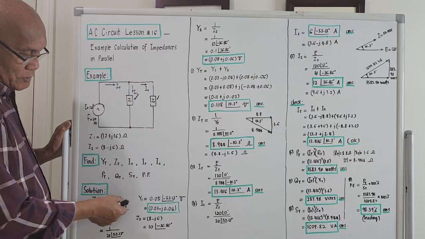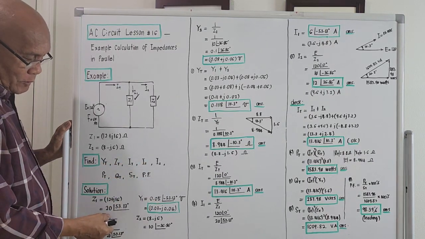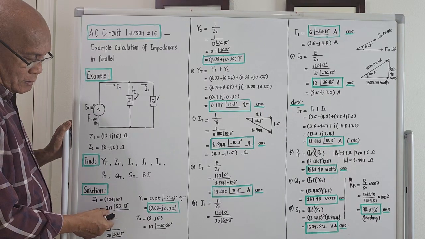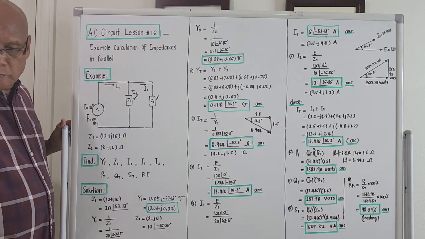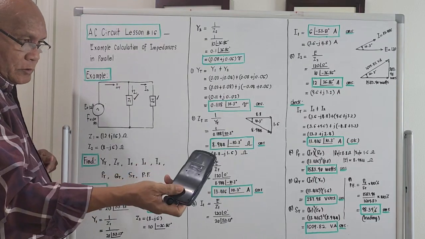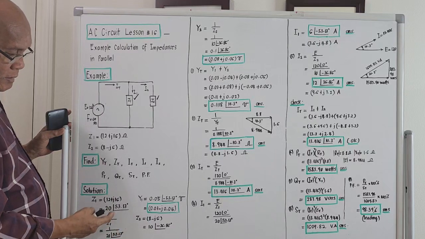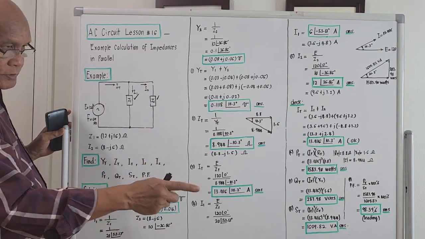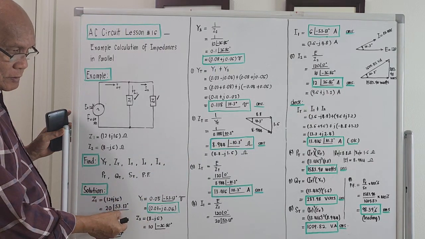Z1 is 12 plus j16. Converting this to polar, this should be 20 angle 53.13 degrees. Use your calculator to convert this 12 plus j16 to polar. 16 divided by 12, press arctangent. What will come out will be 53.13 degrees.